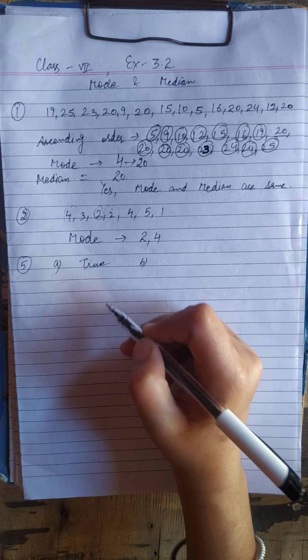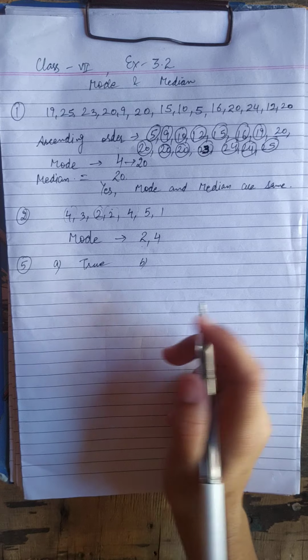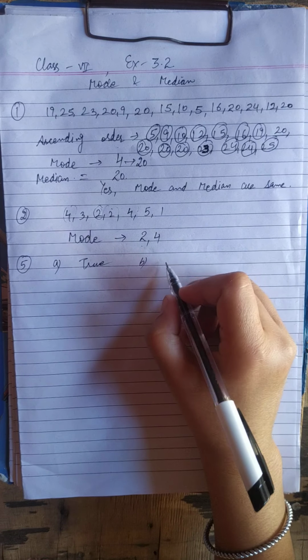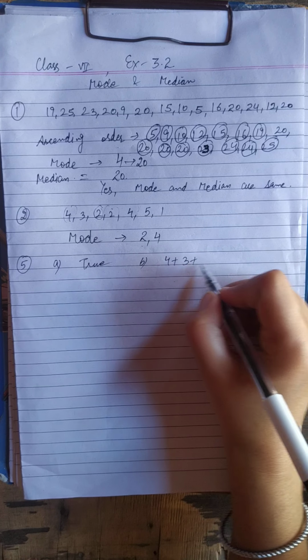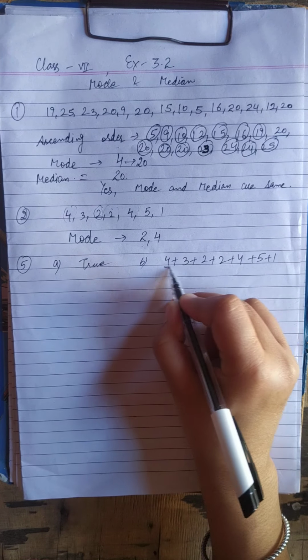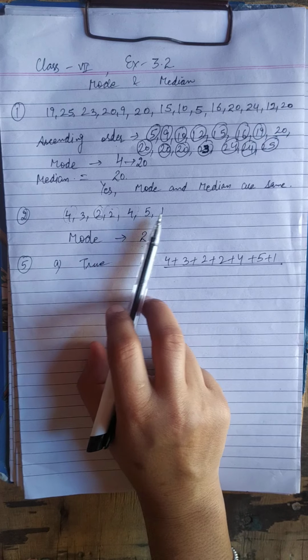Next is: the mean is one of the numbers in the data. If we are finding the mean, we have to add all terms: 4 plus 3 plus 2 plus 2 plus 4 plus 5 plus 1, divided by the number of terms. How many terms are there? 1, 2, 3, 4, 5, 6, 7.